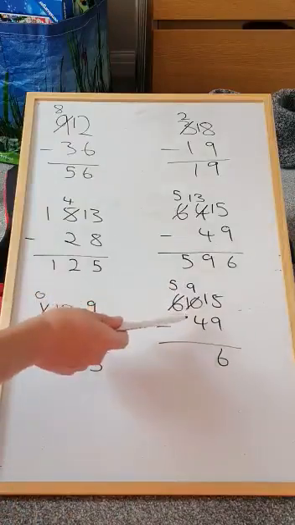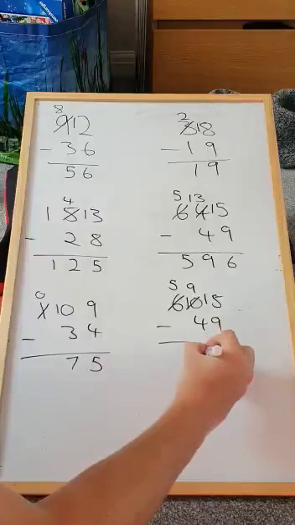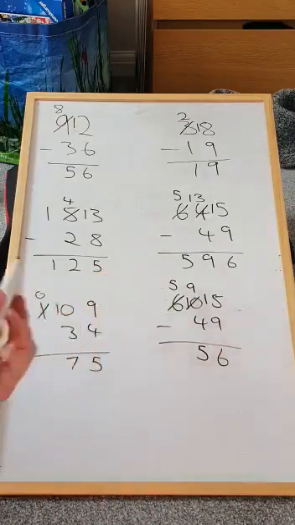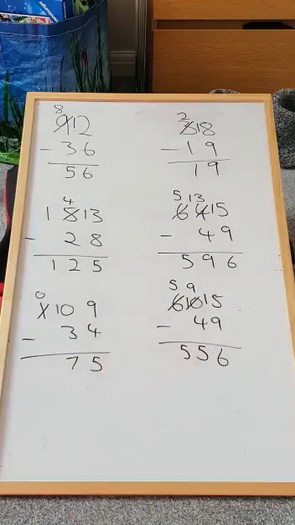Next column, we've got 9 take away 4, which we can do. So 9 take away 4 is 5. And then our last column, we've got 5 take away 0, which is 5. So our answer to that question, 605 take away 49, is 556.